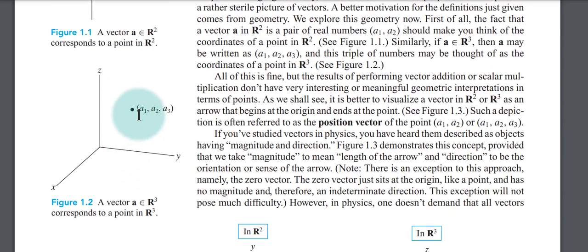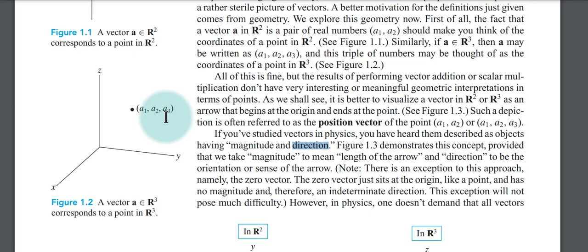Or we could take this vector and say it's associated with some point in three-dimensional space. And then she says here that in physics, they typically give another description of a vector. They say it's something that has a magnitude and a direction, but that's really not the way we're defining it here. It's more just like a point.